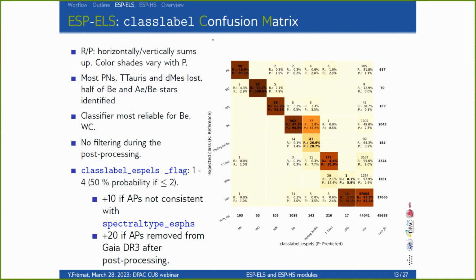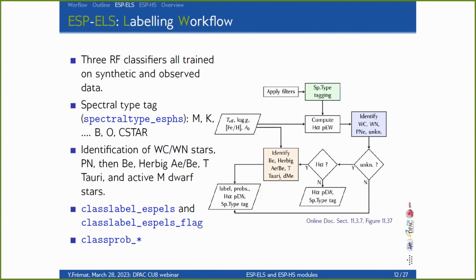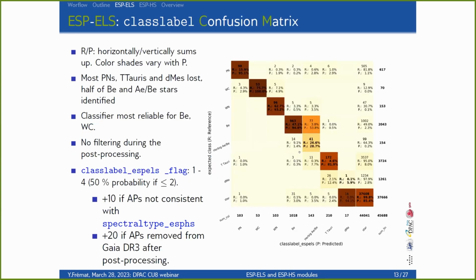It's really the confusion matrix that results from the application of this whole workflow, so this series of 2 random forest classifiers, as well as this check on the H-alpha pseudo-equivalent width. And this is the confusion matrix.